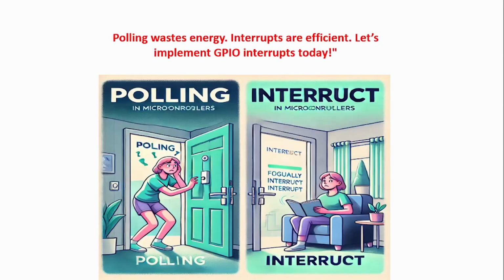And to understand this interrupt, let us consider this analogy. Let us say your friend will come to your house between 5 p.m. to 6 p.m. anytime, right? I have not provided you the exact time, but you know that between 5 to 6 he or she will come. Now, what will you do?